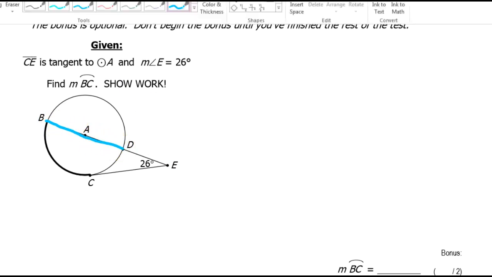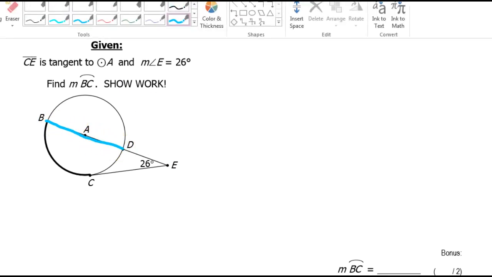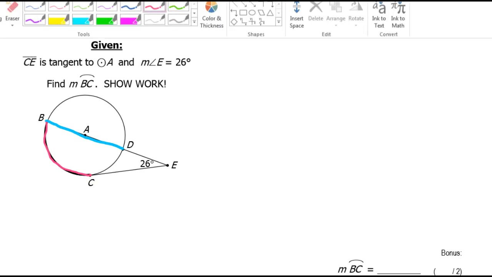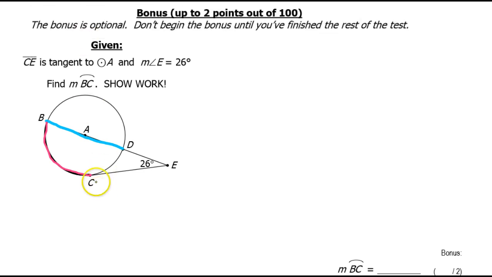Okay, that means we have a semicircle that is made up of arc BC and arc CD. Okay, semicircle. So here's the thing, these two have to add up to 180 degrees.